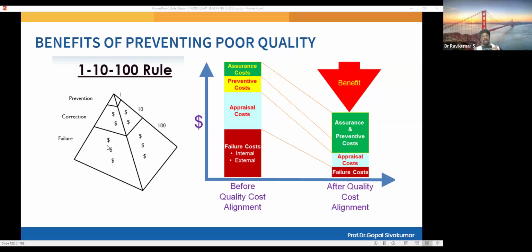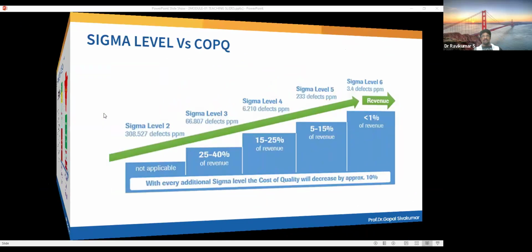If you invest 1 rupee in good quality for prevention, it will save you 10 rupees in correction and 100 rupees in failure. That is how cost of good quality will increase your profit without your ability to identify it from the data. That is a good thing to do.